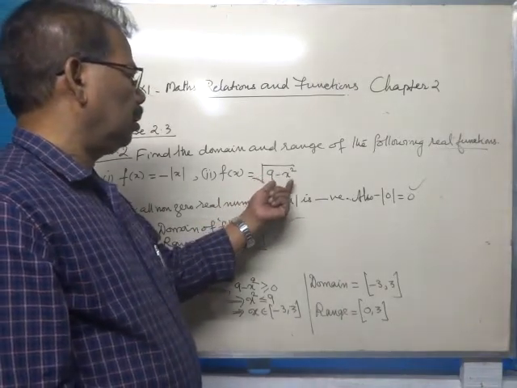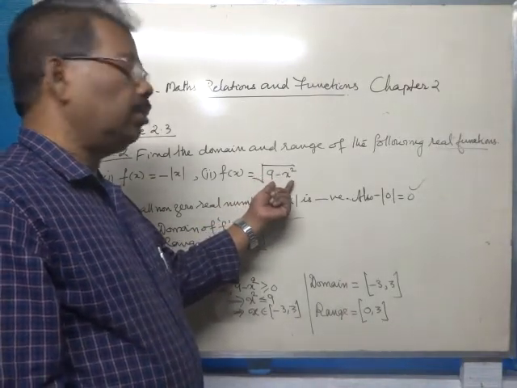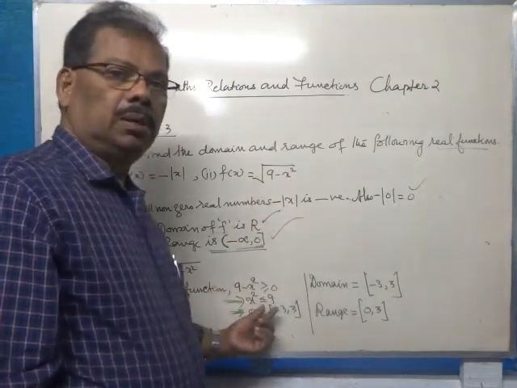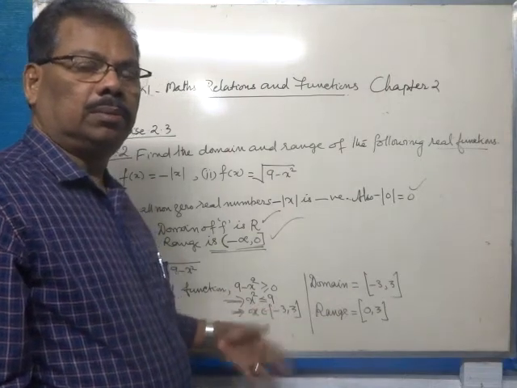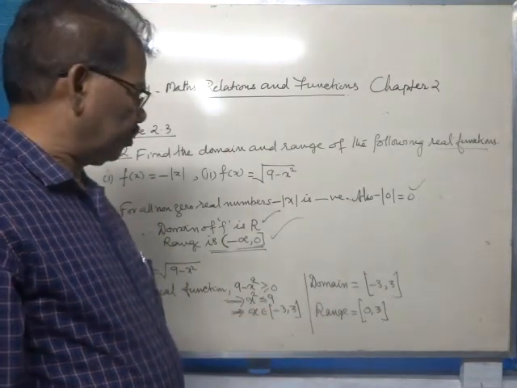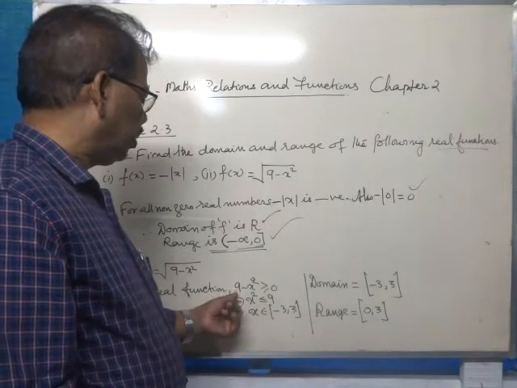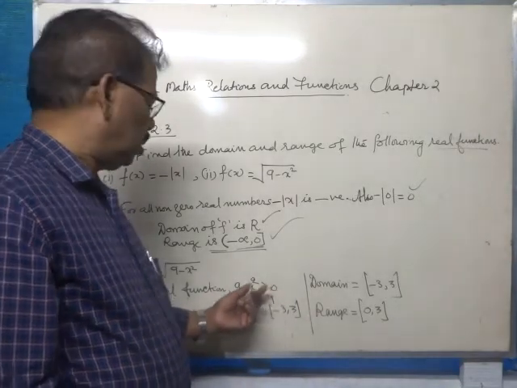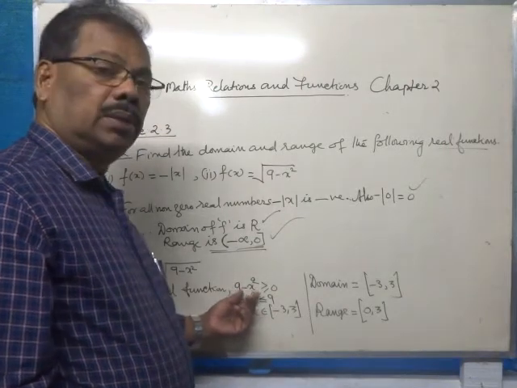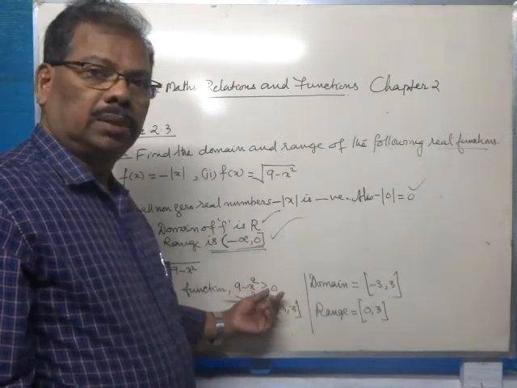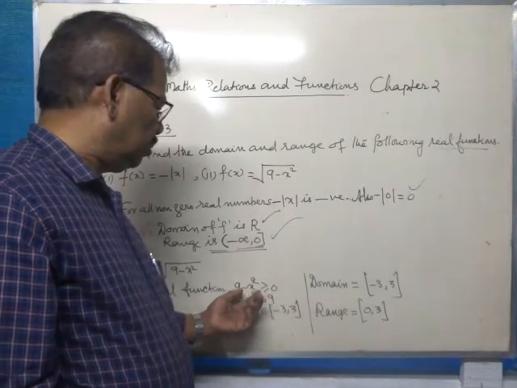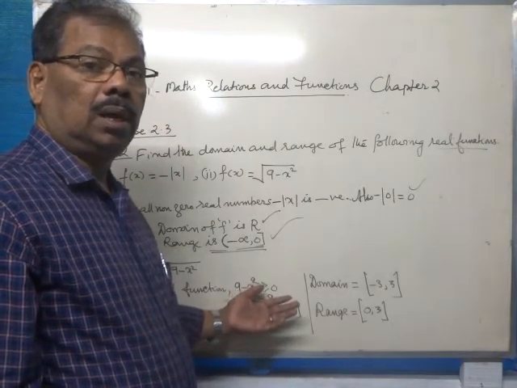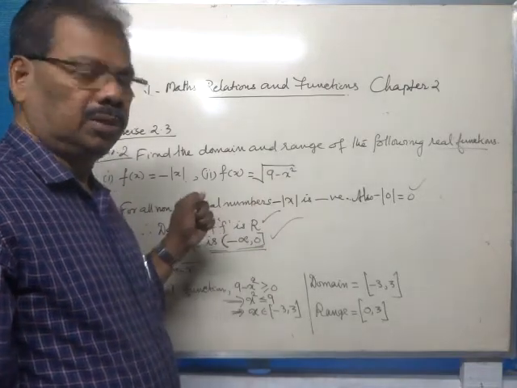For getting a real square root, 9 minus x square must be greater than or equal to 0. If 9 minus x square is equal to 0, we will get the image. If 9 minus x square is a positive number, there also we will get the image. But if 9 minus x square is negative, we won't get any real value as the image.